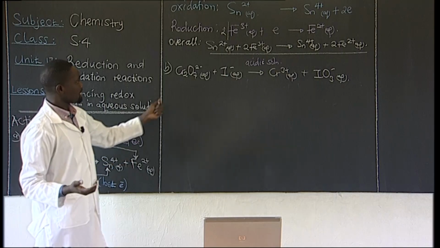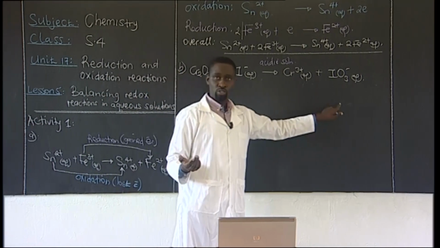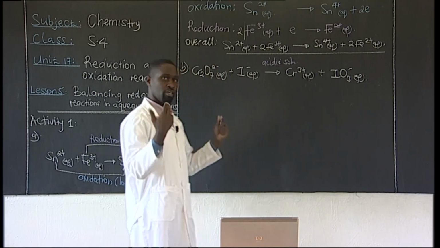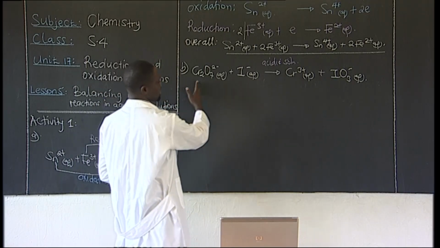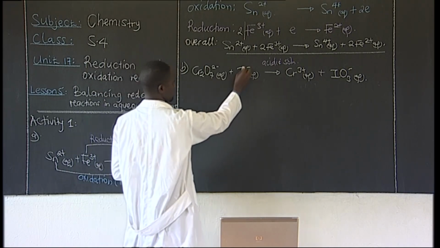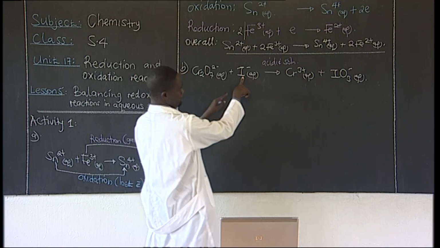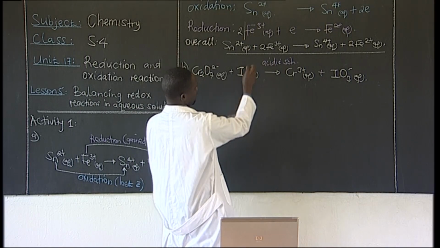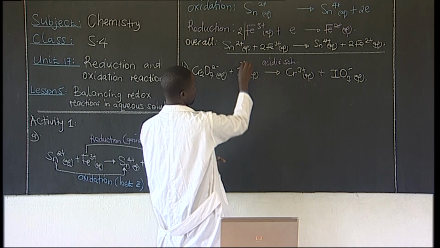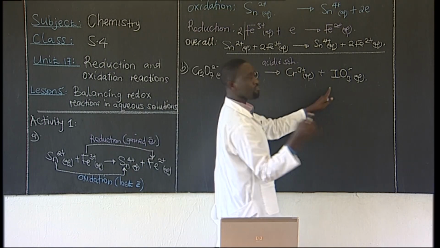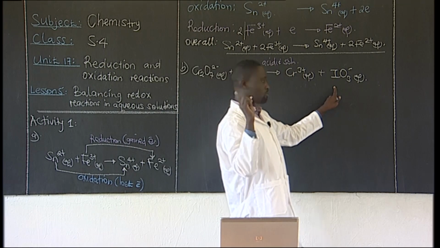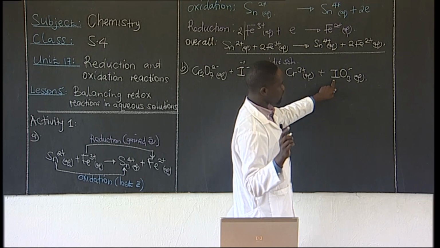As usual, we must determine which species is undergoing oxidation and which species is undergoing reduction by looking at the oxidation numbers. If I look at this, this is -1, and in here I have to calculate. Do not assume, calculate. How do I calculate?